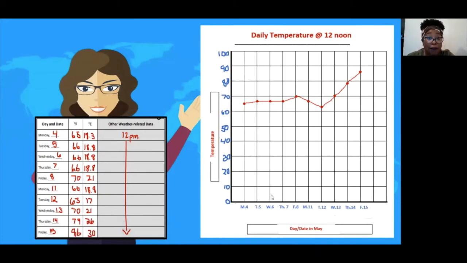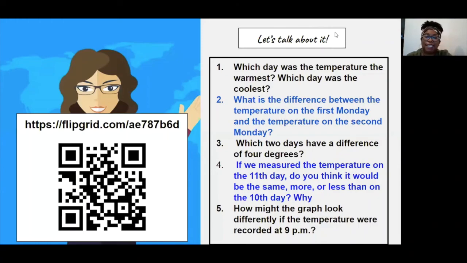Okay, so now here's your task. Your task is to answer all 5 questions on your paper. However, you are to choose two questions to record your responses on Flipgrid. So once again, you're going to complete all 5 questions.